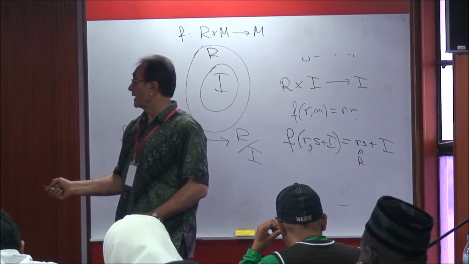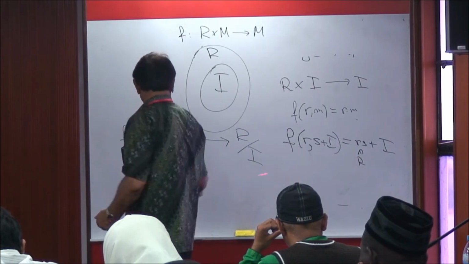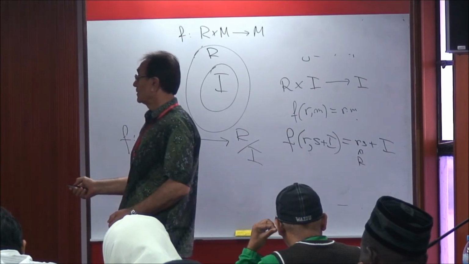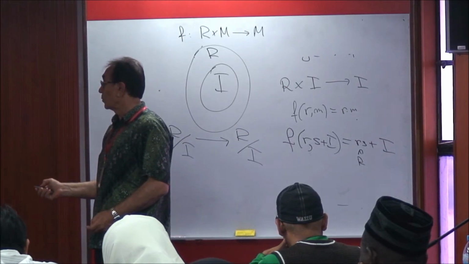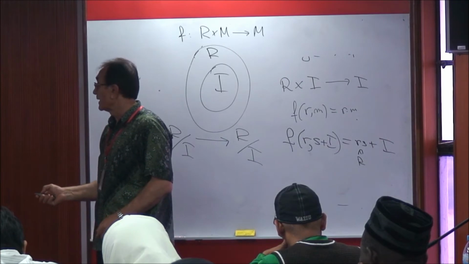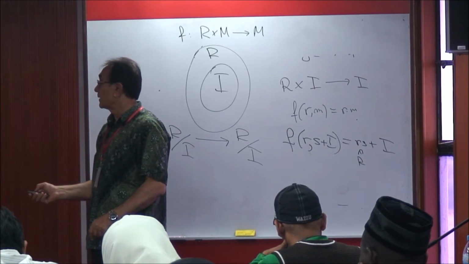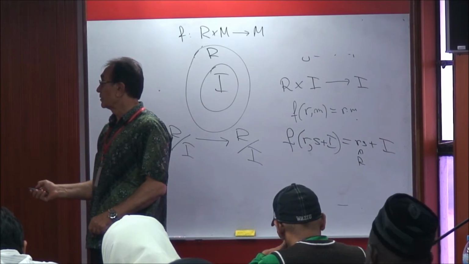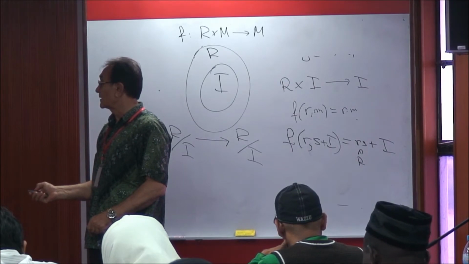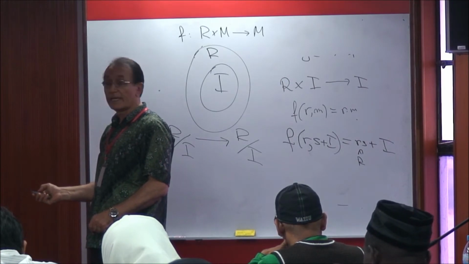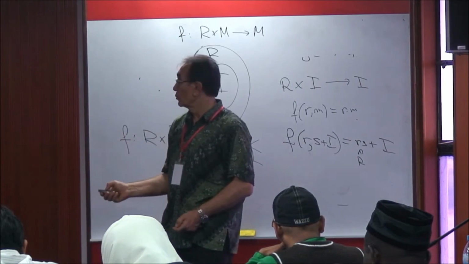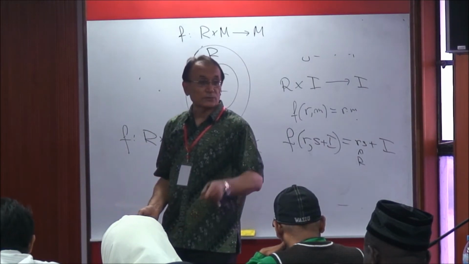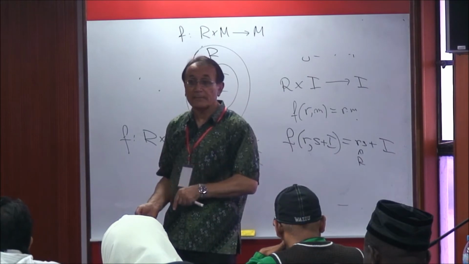You can check this is a well-defined function from R cross R over I to R over I. What if you take the same element S plus I, S prime plus I, two cosets with different representatives, one of them is S, another one is S prime?